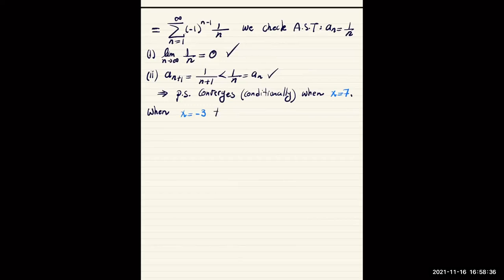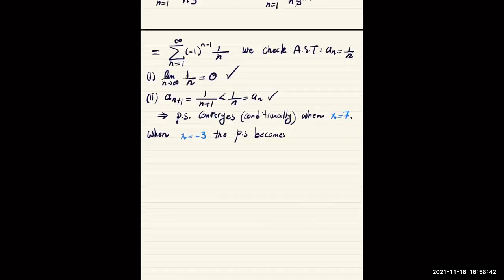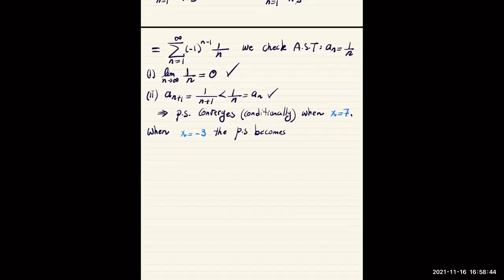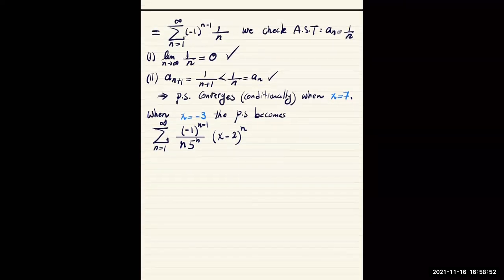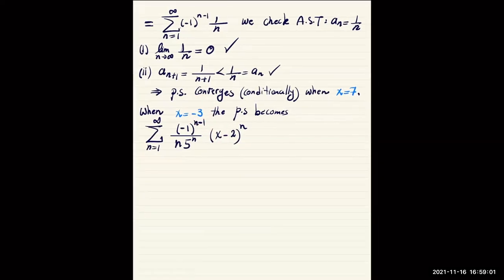Again, when x is -3, the power series becomes, so what you do is plug -3 into x of your power series. Here is our power series. Replace that x with -3. I'm just going to erase that, put -3 in.